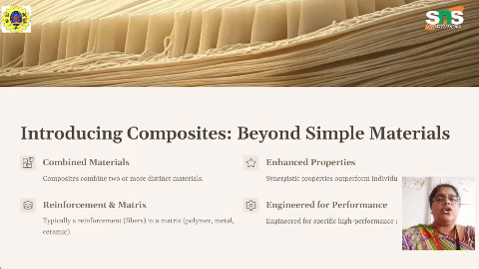The matrix is a long continuous phase that may be made of polymer, metal, or ceramic. The reinforcement material, like fiber, is added to that phase. It is discrete, and the matrix is the continuous phase. These composites are engineered for specific high performance applications.